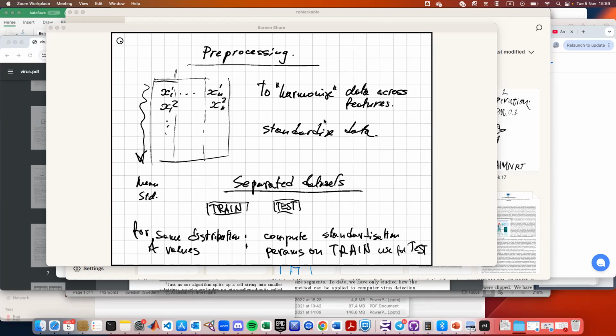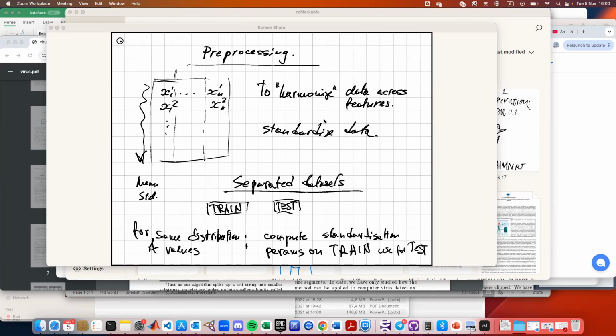In this case, when the distribution is different, maybe more systematically it would be to do standardization separately on the test and the train sets. I was thinking that the main problem is the same, we just have two different data sets for it.